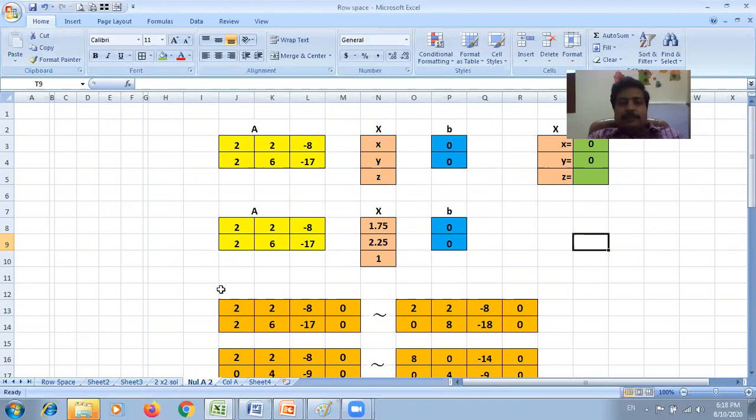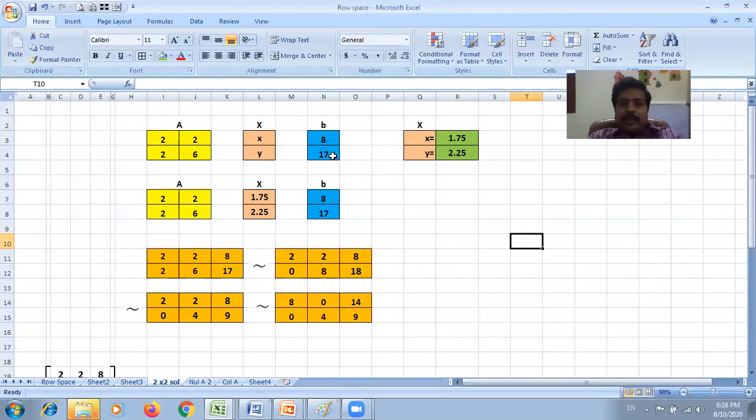So here we are finding a solution for Ax is equal to 0. But here we have the constants 8 and 17. So I am converting this equation into a form of Ax is equal to 0. For example, 2x plus 2y is equal to 8, and 2x plus 6y is equal to 17.